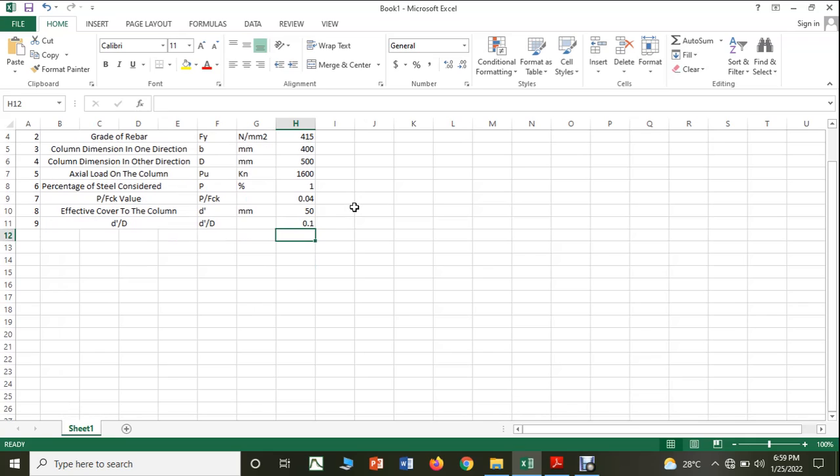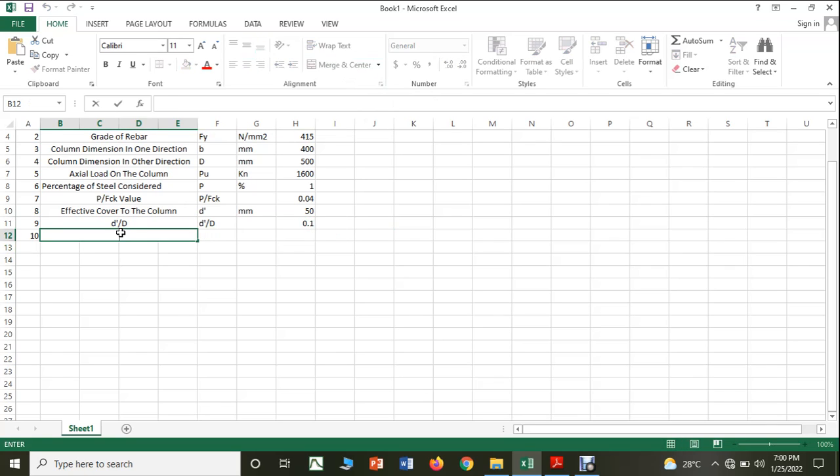Now after that you find out the value of Pu by FCK BD. So that is the 10th step, I can write here.